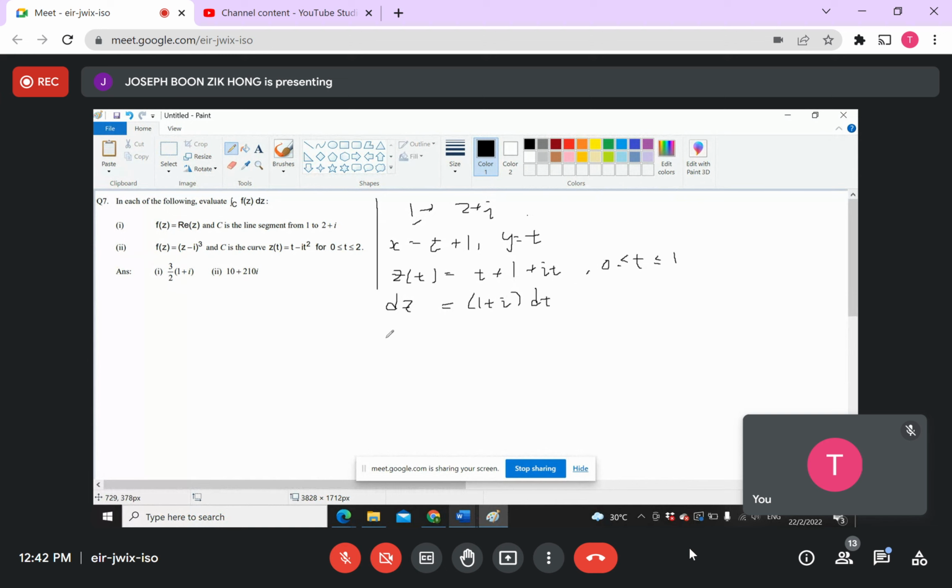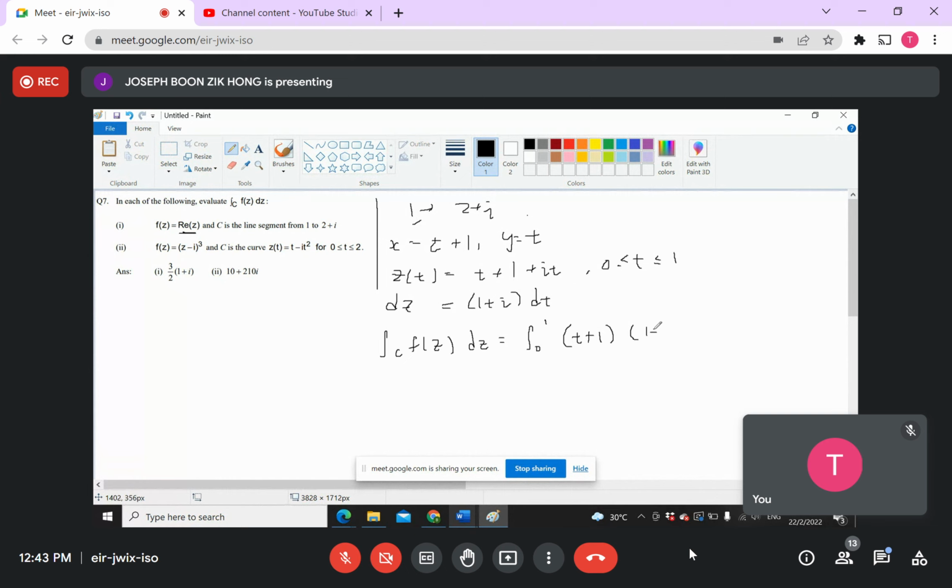So the integral of f(z) dz becomes 0 to 1, only the real part, that means only the x, which is t plus 1, times (1 plus i) dt.